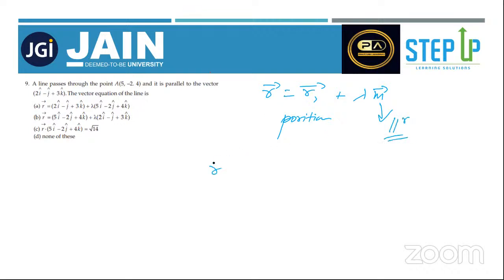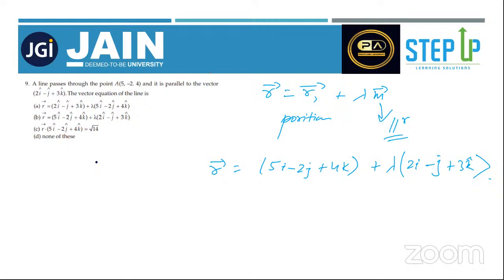So what is this vector? R vector, the position vector, is 5i minus 2j plus 4k. And the next one, the parallel vector, is 2i minus j plus 3k.